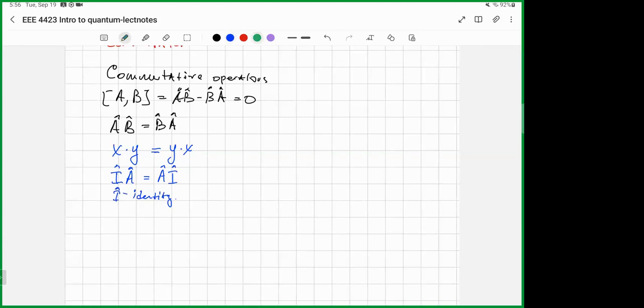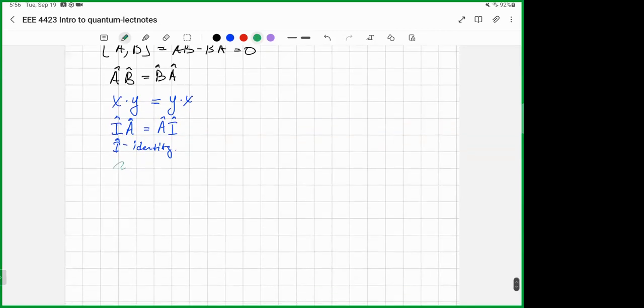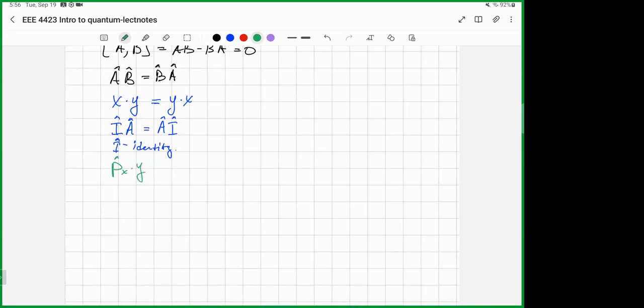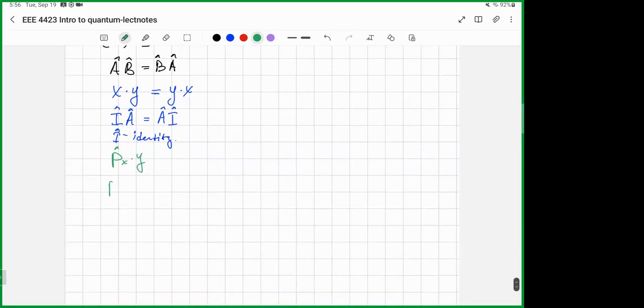For example, the px operator and y, right? I remind you that the px operator is minus i h bar d over dx. And of course, this partial derivative d over dx doesn't act on y.